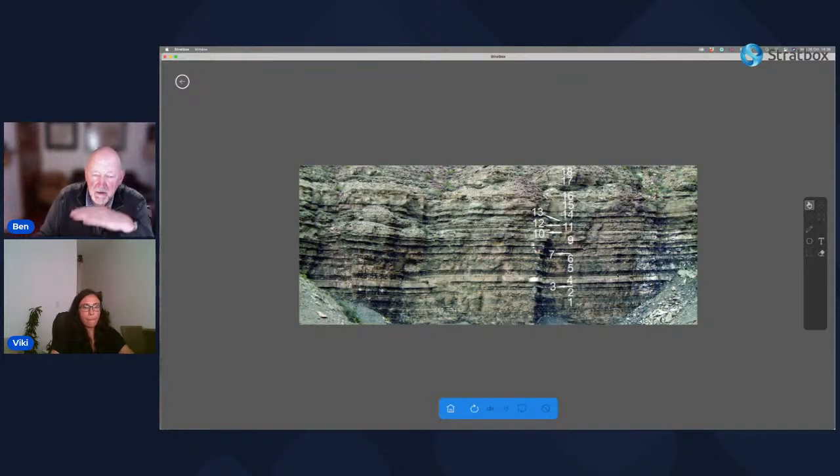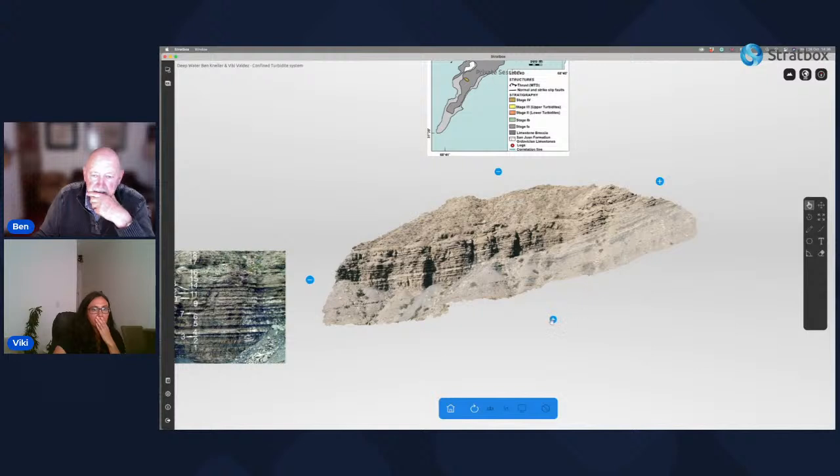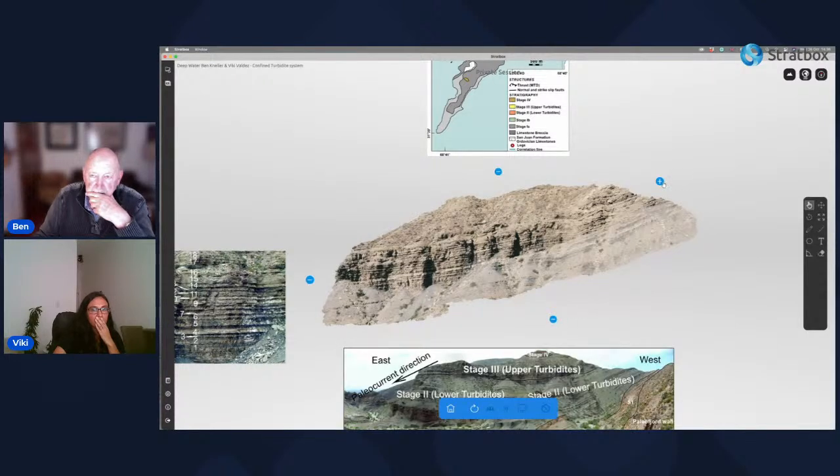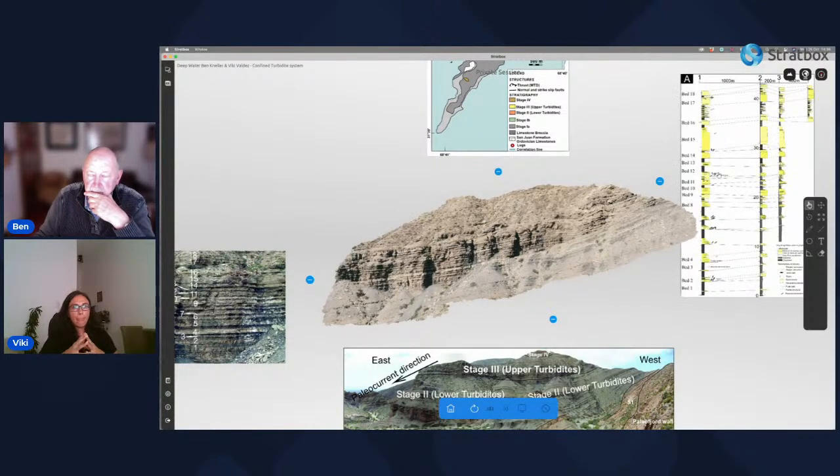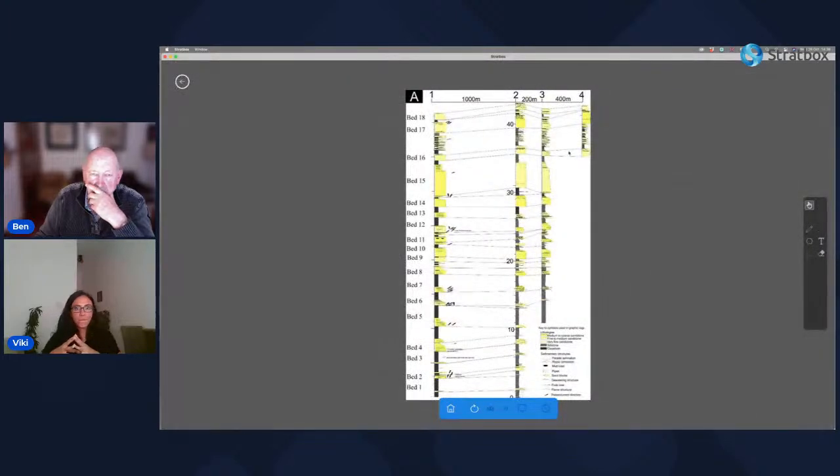So quite often, ponded or confined systems show thick mud caps. And as I said, the individual beds can be correlated all the way around the outcrop, rather as we saw in the previous sheet system, sometimes with very little facies change.